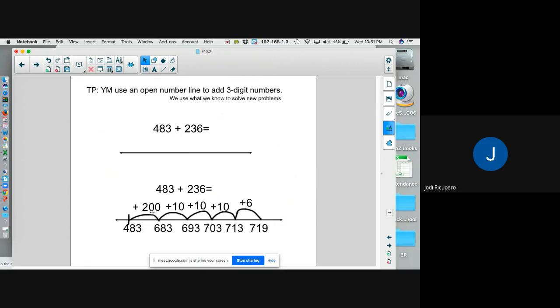We added 200. We now have 683. We then had to add 30. I did it one at a time. 683, 693, 703. Then we needed to add the 6. Plus one more at 713. We needed to add the 6, and then we have 719.